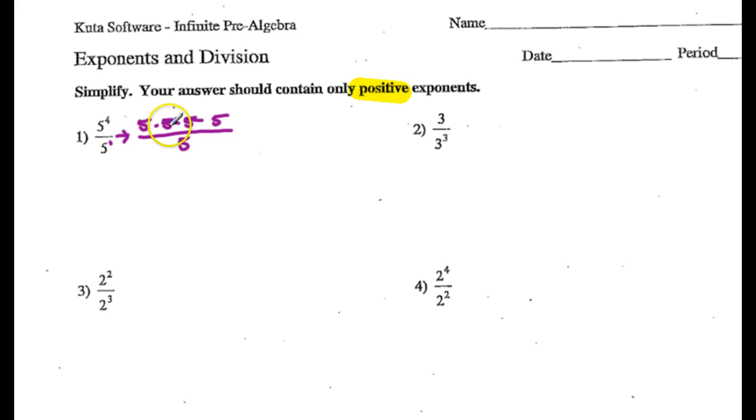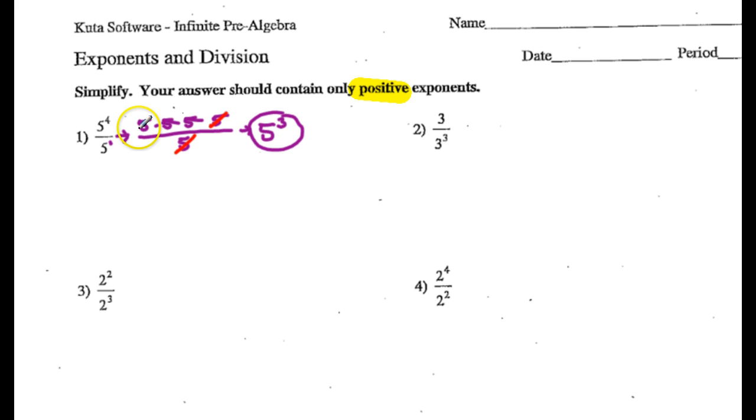Now, look at this fraction. What can I do with the top and the bottom? You'll notice that I can cancel one 5 on the bottom with one 5 on the top. And then that leads us to our answer. I now have the same base 5, and now I've got 5 one, two, three times. That's the answer.